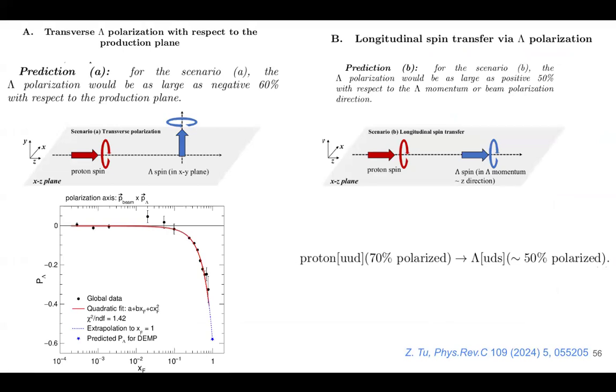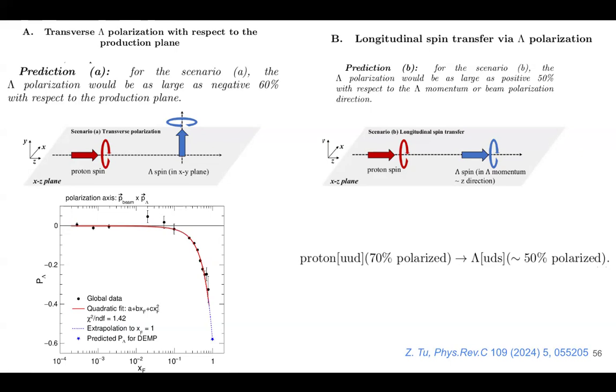First of all, I just want to remind you, I'm pretty sure you're aware, that for the lambda case, you can measure the polarization by looking at the neutron angle in the center of mass frame. It's a weak decay that allows you to measure the polarization of lambda. When people did that in proton-proton collisions and in electron-proton collisions, etc., they observed that the polarization is not zero. It's actually negative, and is a large number when you go high in the fraction of momentum carried by that lambda.